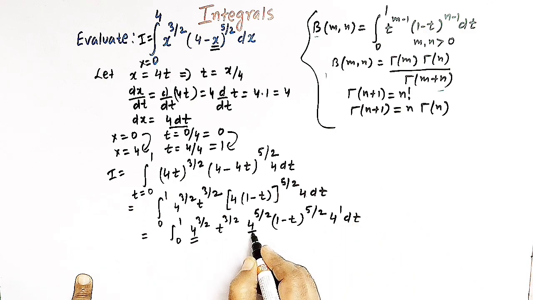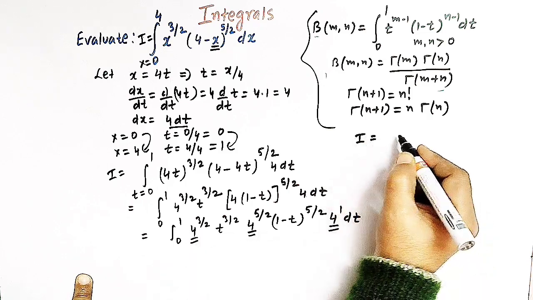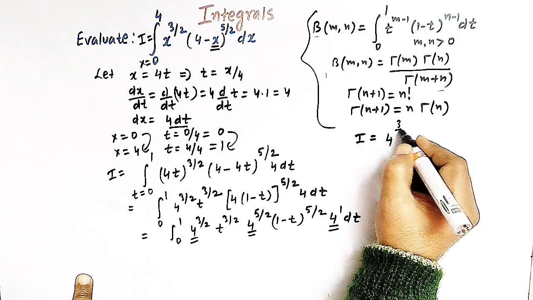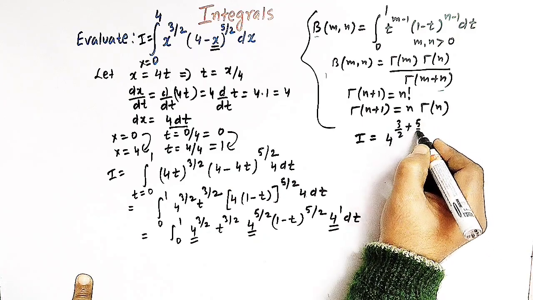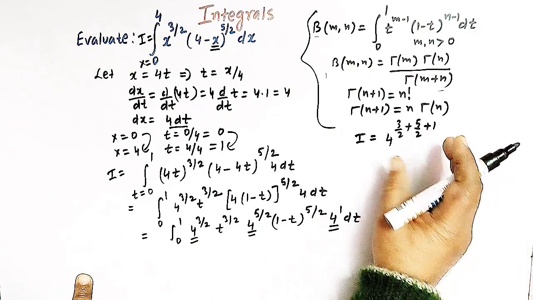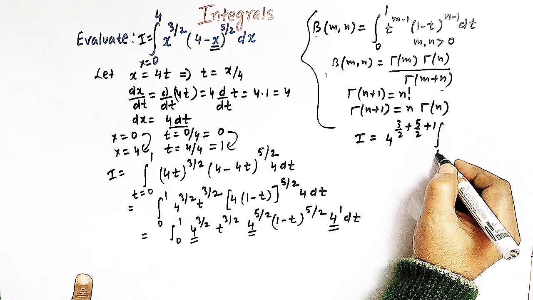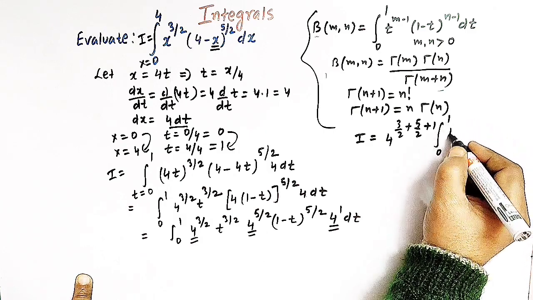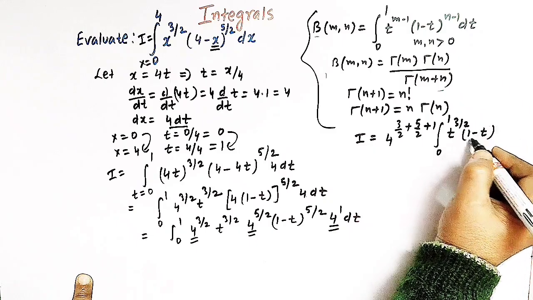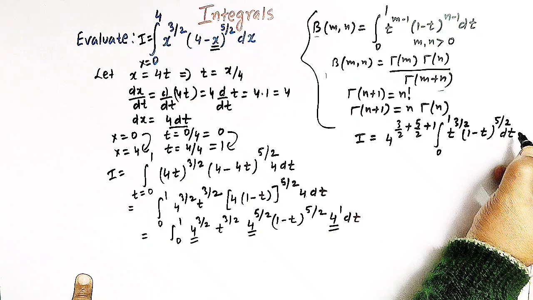Now let us first collect these fours. So we have I is equal to 4 raised to 3 by 2 plus 5 by 2 plus 1, taking this term outside the integral, and then we have the integral from 0 to 1 of t raised to 3 by 2 times 1 minus t raised to 5 over 2 dt.